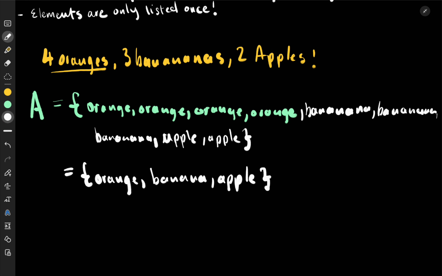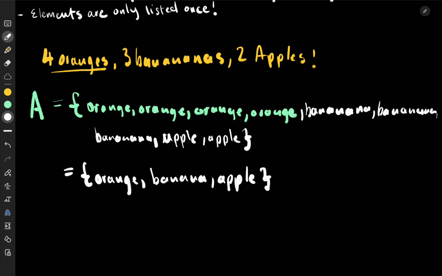So oranges were one type of object. So I'll list it once as an orange. And then bananas were another type. So I should put the banana. Apples were another type. So when you see a set, it tells you the types of things that are inside. It does not tell you their numbers.